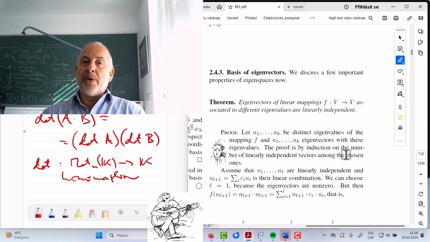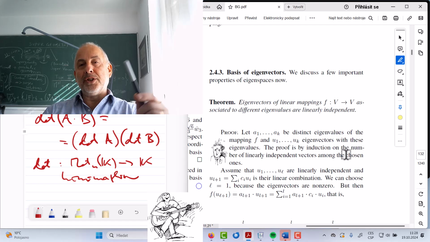The other problem is that you have eigenvalues which are having some multiplicities, but the algebraic multiplicity of the eigenvalue is not the dimension of the eigenspace of vectors.